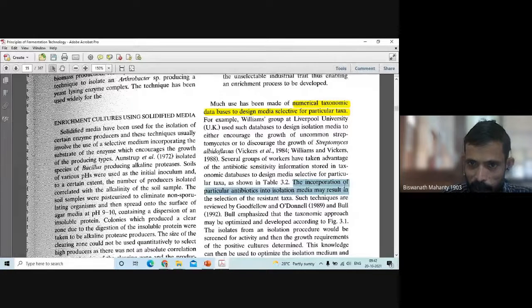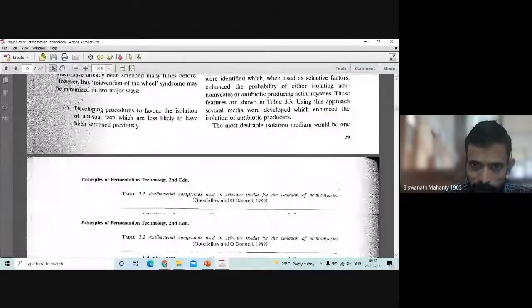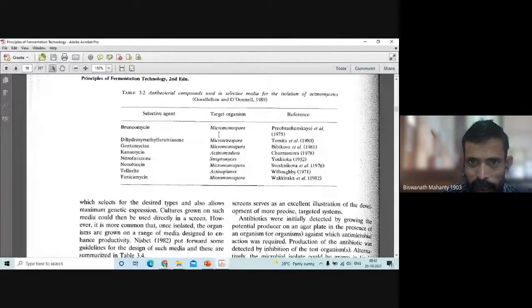Incorporation of particular antibiotics into isolation media may result in selection of some resistant taxa also. Anyway, this is not actually usable to us, because most of the time they will be looking for someone producing some antibiotics. So this can be used to optimize the isolation media when I'm looking into bioprocess media development.